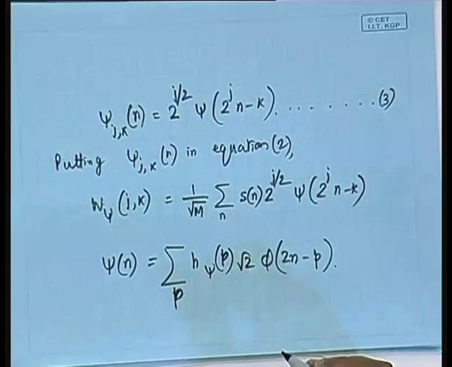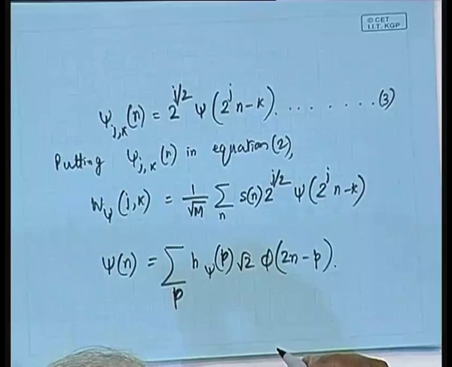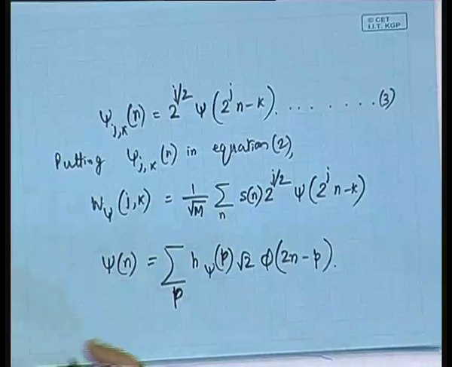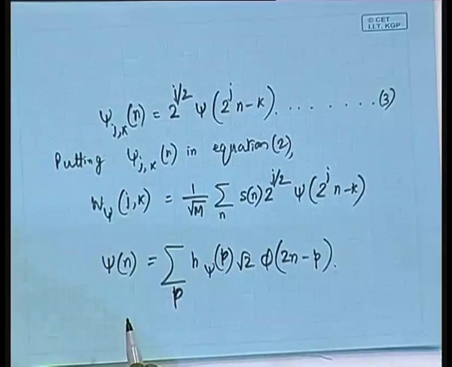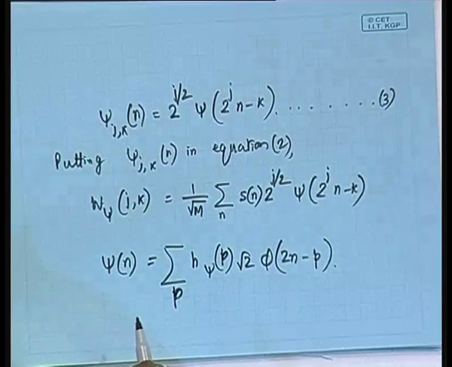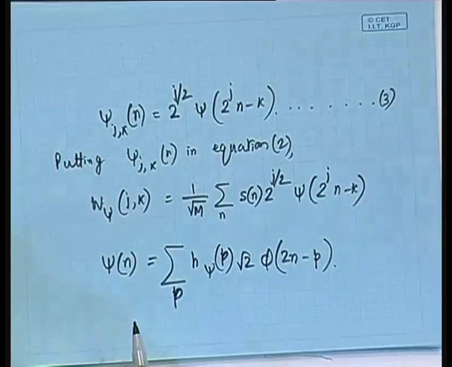Now, in this equation, if I multiply this n by a factor 2 to the power j, that means I scale it up by a factor 2 to the power j and give it a shift of k units.